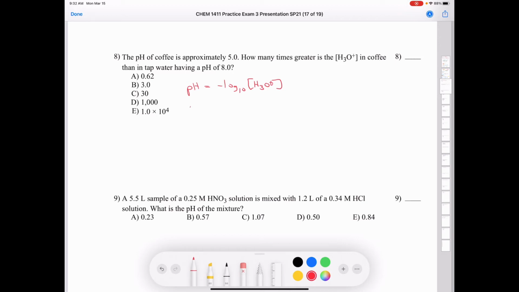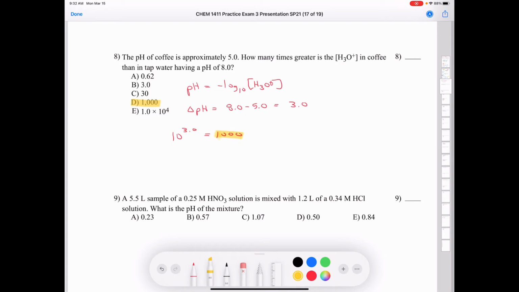And since the difference in the pHs is 8.0 minus 5.0, which gives us 3.0, that means that we take 10 to the power of 3, which equals 1,000.